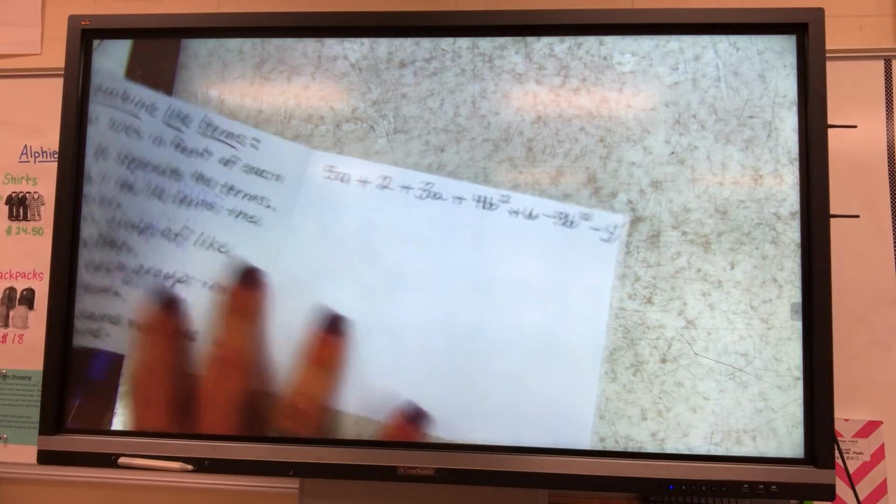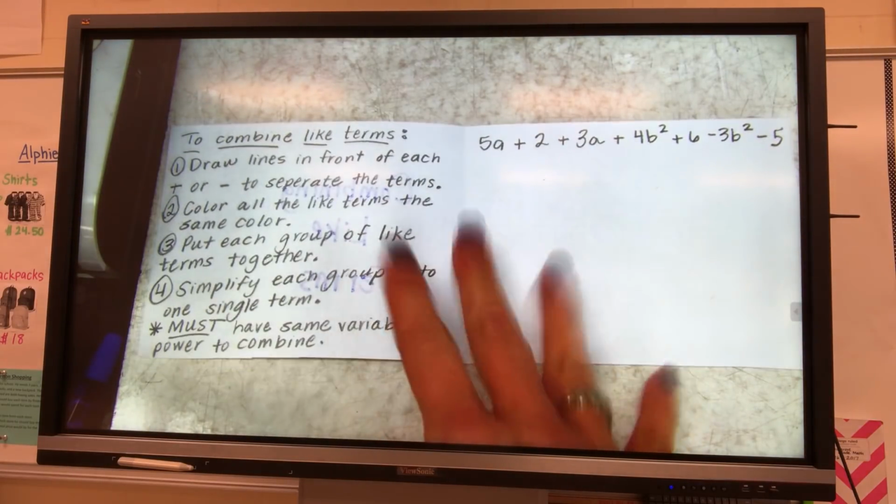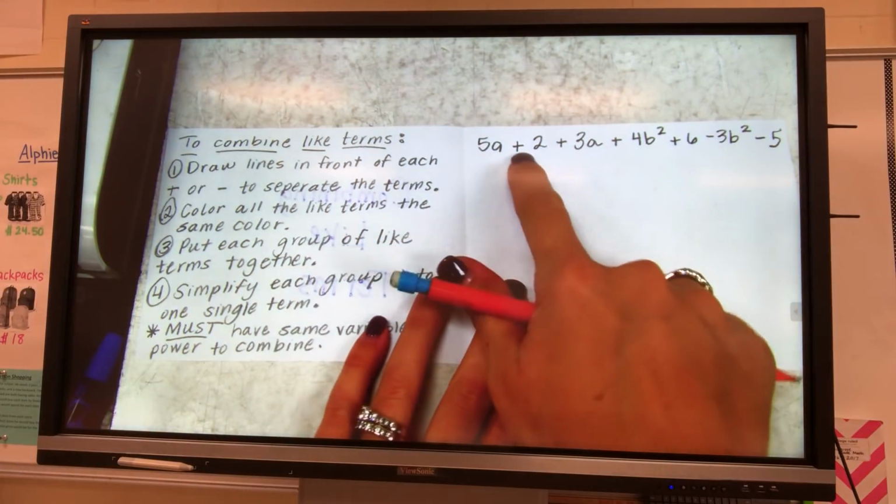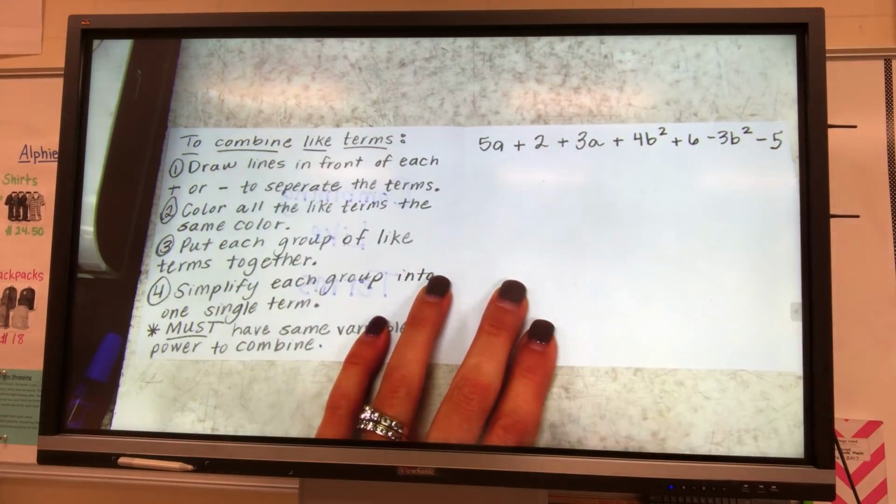So we're going to follow the notes that we just had. Number 1 tells us to draw lines in front of each plus or minus to separate the terms. So with my pencil, in front of every addition or subtraction, I'm going to draw a line.